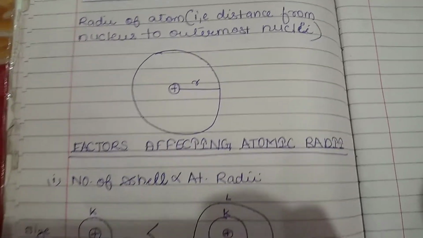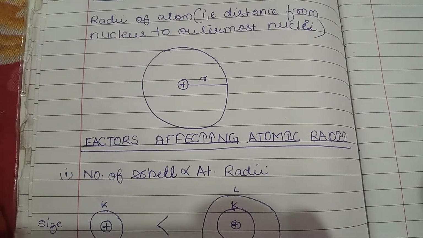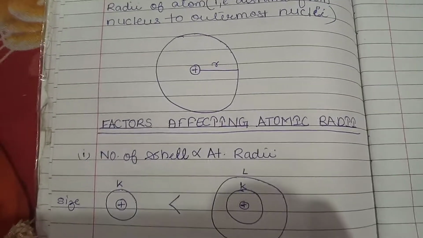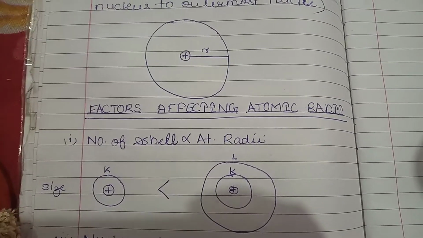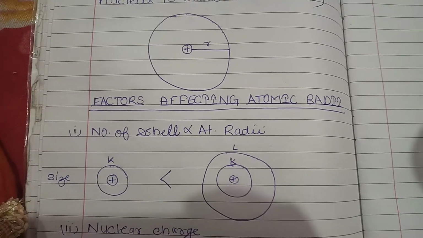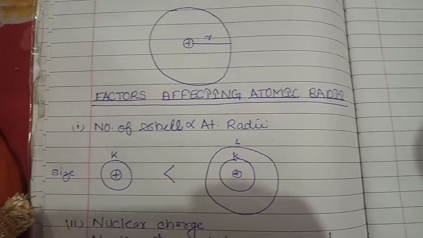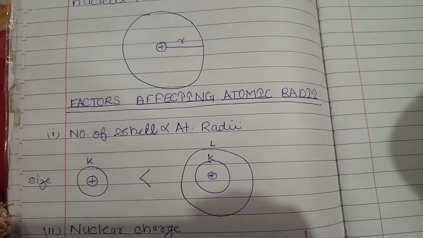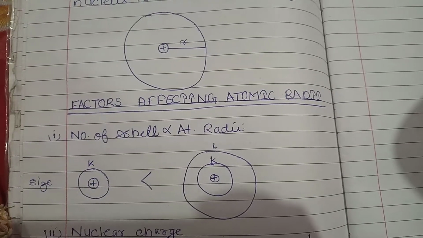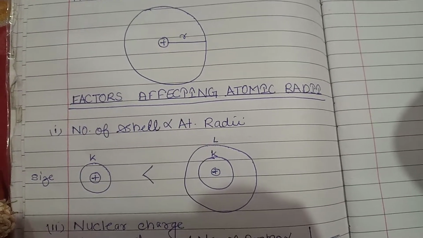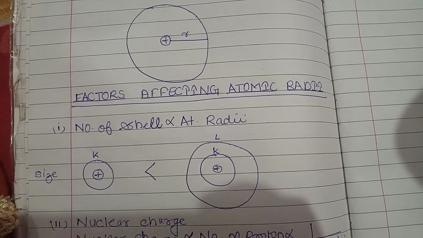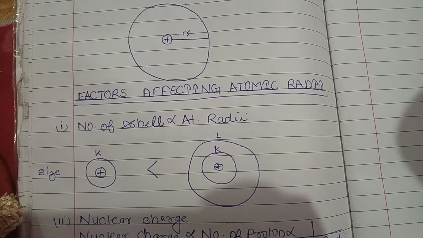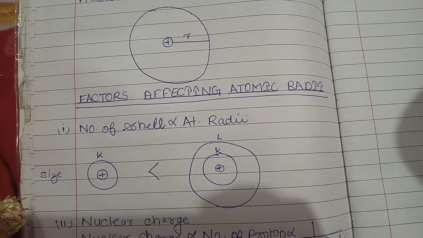Factors affecting atomic radii. The first main factor is number of shell. If we are studying there in the book, it has been stated over there that number of shell is directly proportional to atomic radii. How come this happens? To understand this, I had shown a diagram where in the first atom is carrying only K shell, and in the second diagram, K and L both shell are being represented.